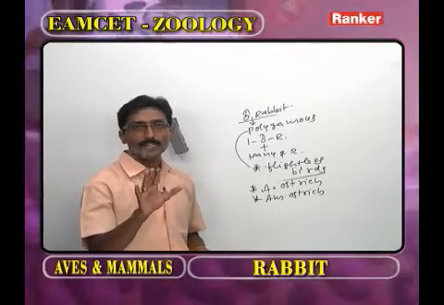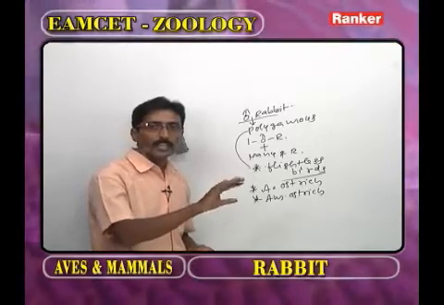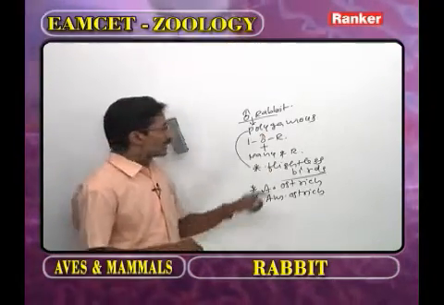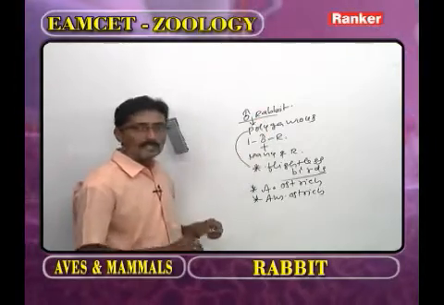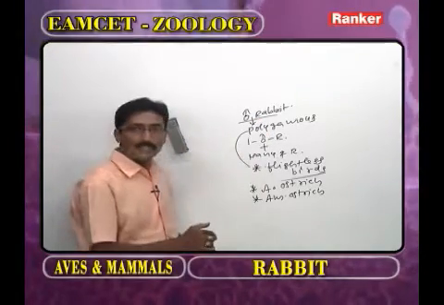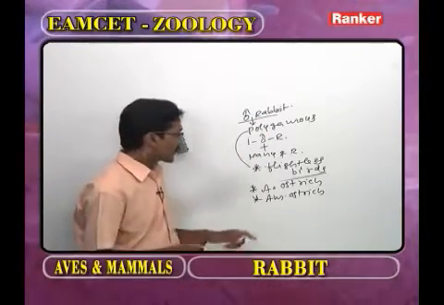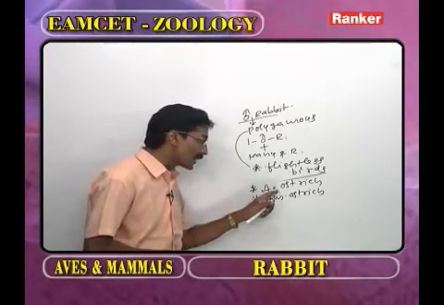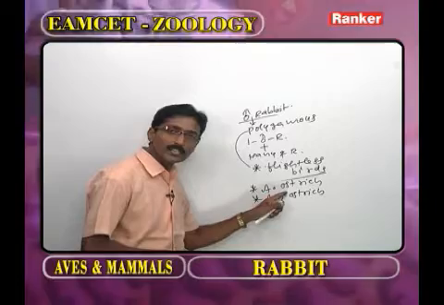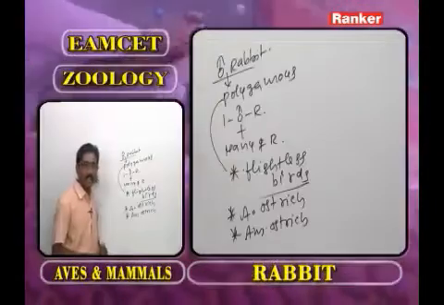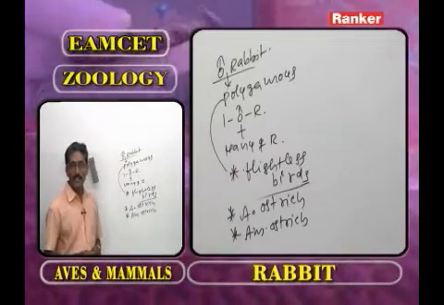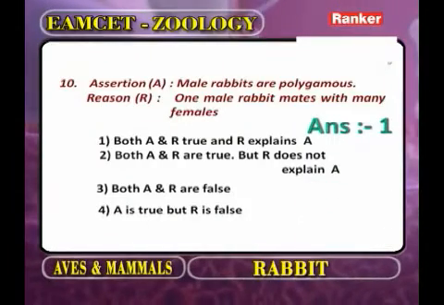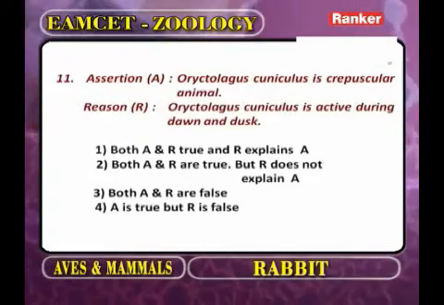One male engages with many females. That condition we call polygamous. With reference to mammals, the classical example for polygamous is the rabbit. Regarding birds, the classical examples for polygamous are the African ostrich and American ostrich. Now, based on this information, both are correct and R explains A. Now we go for the next question.